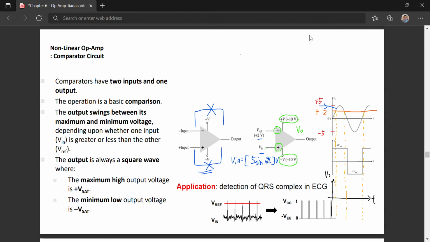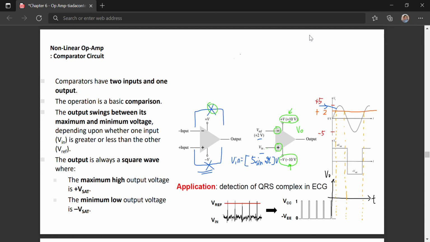Why? Because there is no connection between input and output. So what you get is only the supply voltage of your op-amp. Okay, so in this case, the supply voltage for the op-amp is positive 10 and minus 10. So you will know that your output is a square wave, either 10 volt or minus 10 volt.